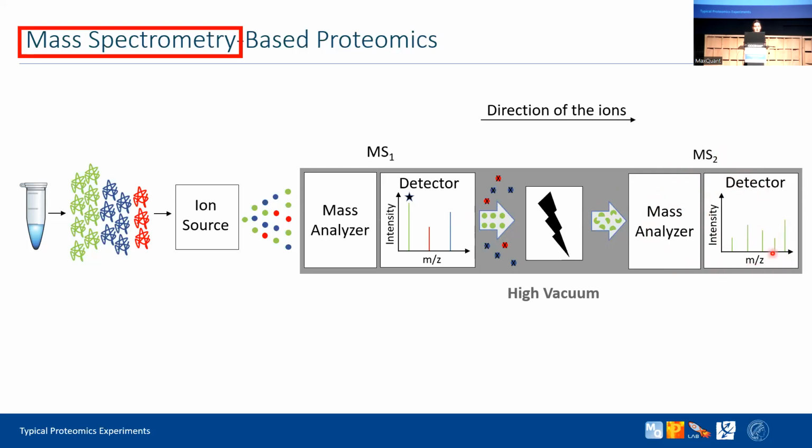And this is the spectrum that will help us identify the peptide. Again, the axes are the same as the MS1, but now we have the fragments of only the analyte that we chose to do the fragmentation on, so the green one.